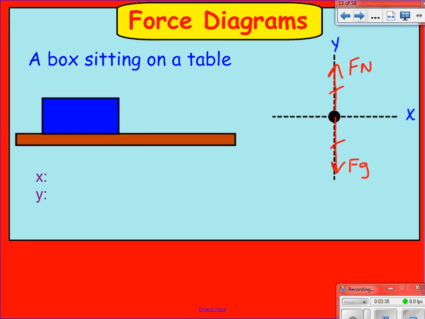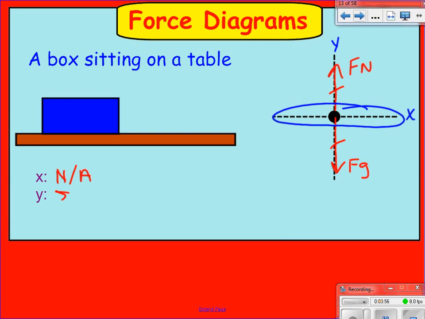So, the final thing is I now need to look at my x and y, and I need to write out the equation for each direction. In the x direction, there are no forces, so I'm going to put non-applicable, because notice, there are no forces anywhere in the x direction. However, in the y direction, there are forces. There are 2 of them.